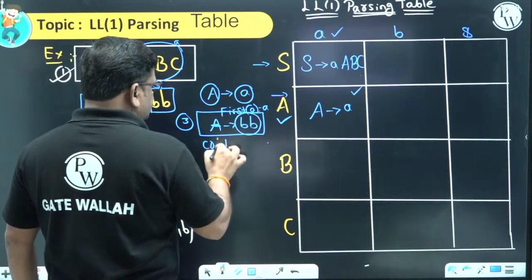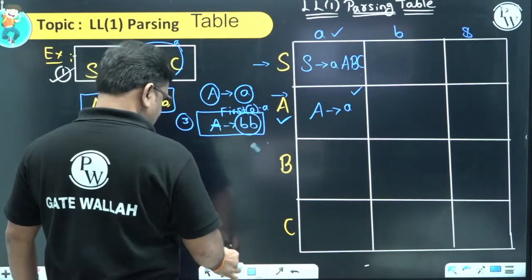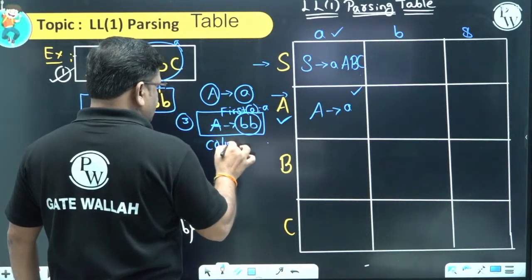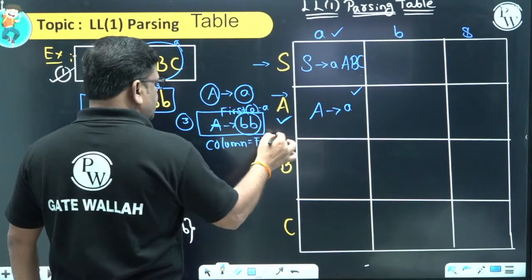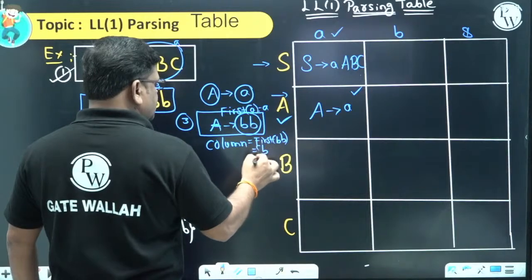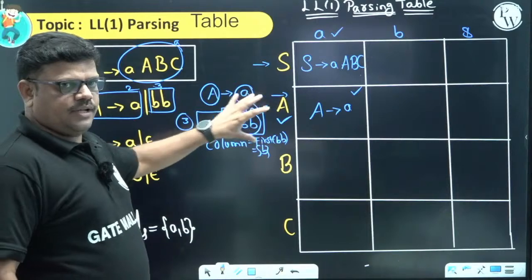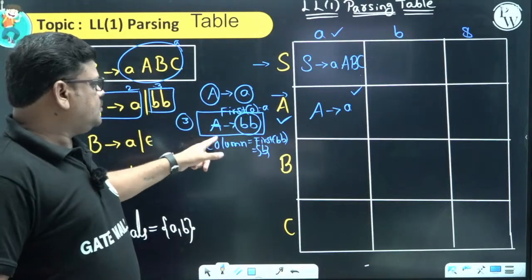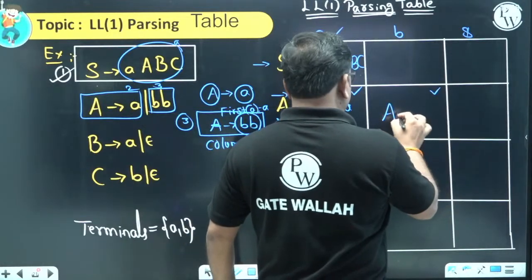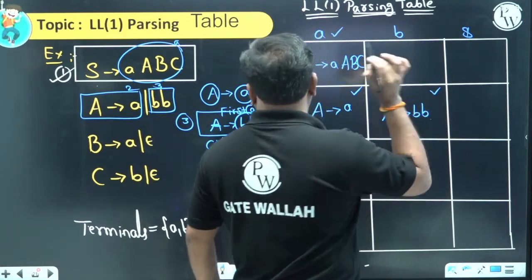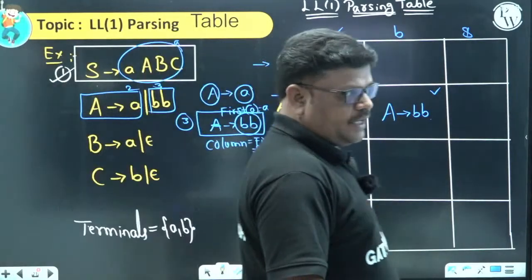So the column of this one will be first of B, that is nothing but b. So we have to arrange this production with row as capital A, column as small b. This is the place where this production will be arranged. Right?